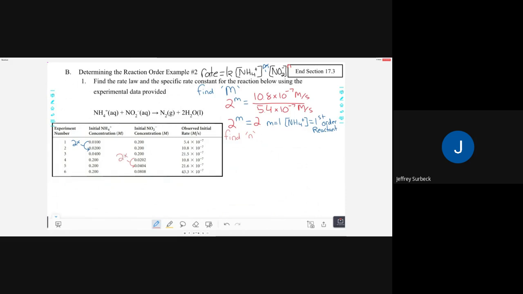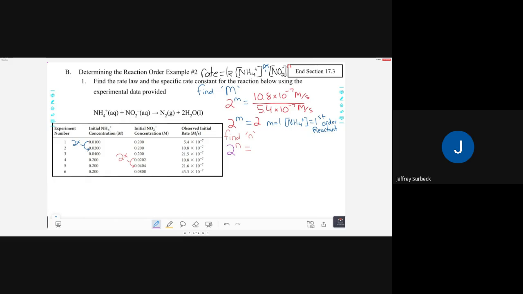And so we say this, all right? We say that we have 2, because it doubled, to some power n equals our change of rate. Now, because experiment 5 was the bigger concentration of NO2 minus, we're going to start with that rate on top.